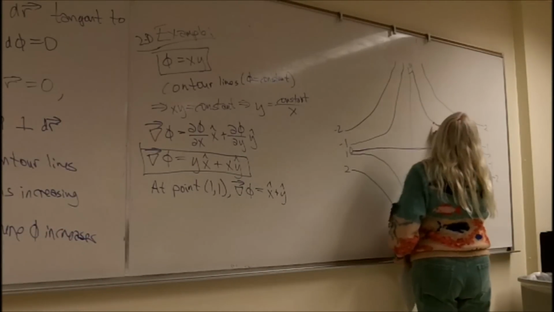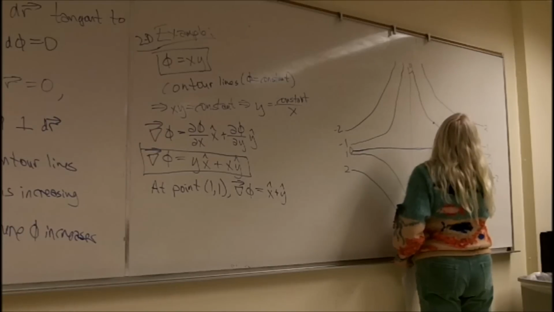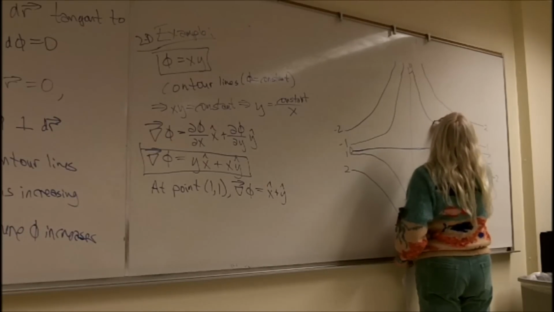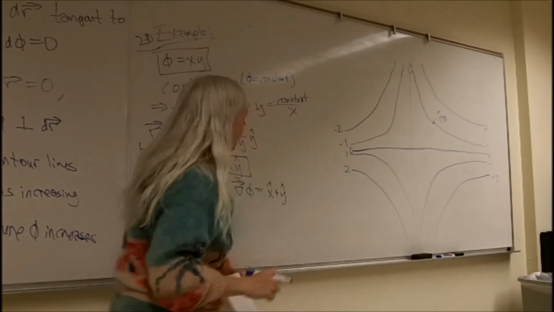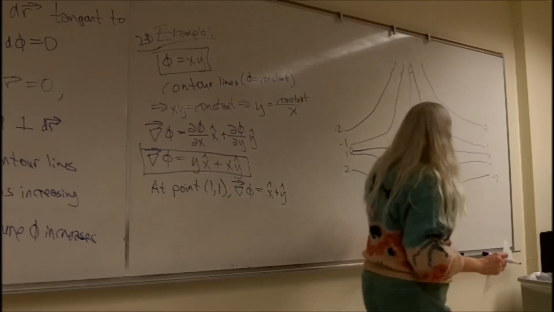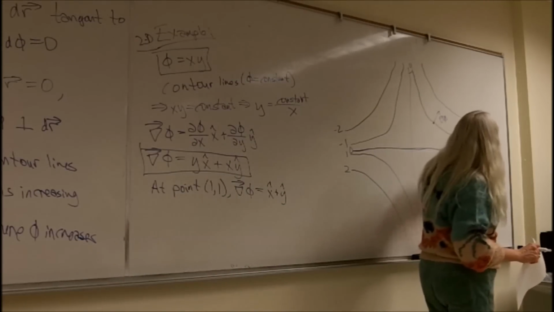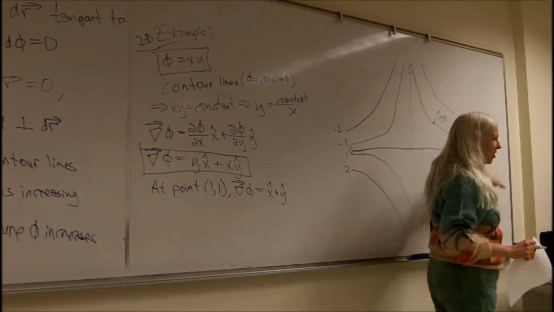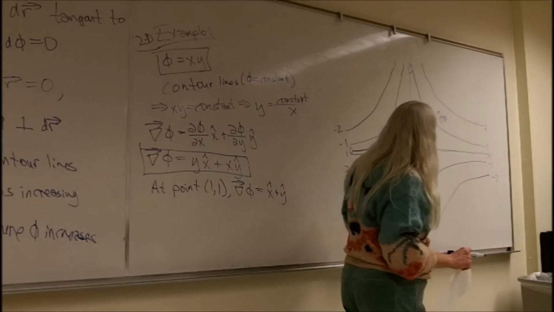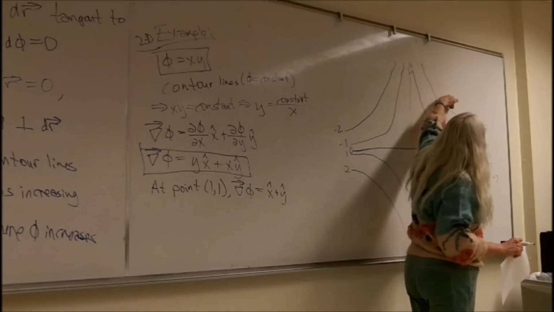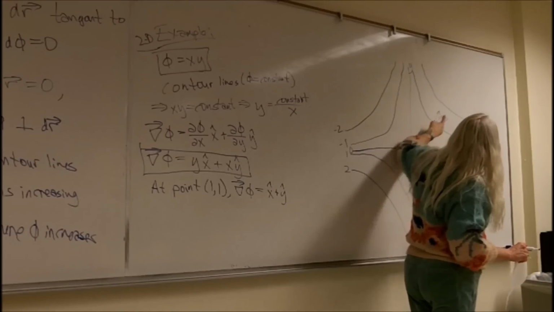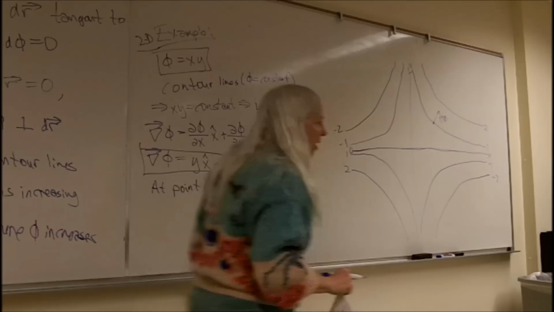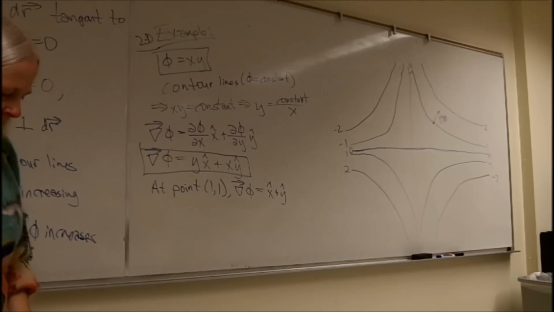A vector that points 1 unit to the right and 1 unit up is a vector pointing in this direction. So that's the direction of the gradient of phi, and if you were standing on a surface that had contour elevations like the ones we have labeled here, this would be a higher elevation than that, this would be lower. So if you were standing here, that direction would be the steepest uphill direction, exactly what we've said.